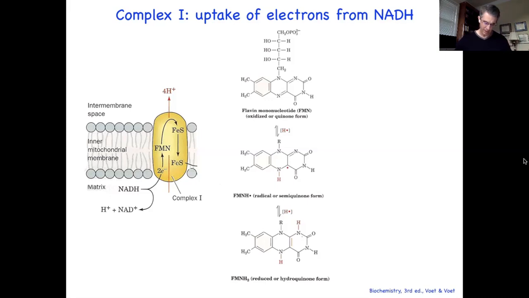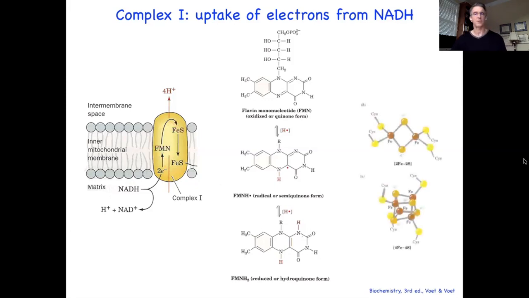So the electrons have been known for a long time to come out of the FMN and go through some iron sulfur clusters. And it's been known for a long time that complex one had a couple of different types of iron sulfur clusters. You can build these in multiple different ways. There are so-called two iron, two sulfur clusters, where you have a couple of iron centers, two coordination positions taken up by cysteines, and a couple of inorganic sulfurs.